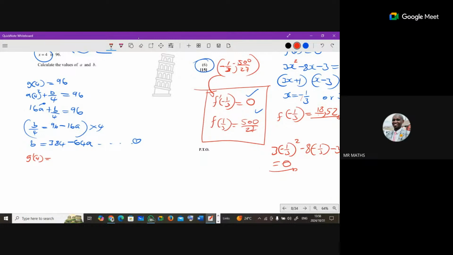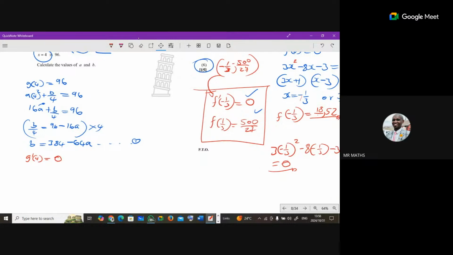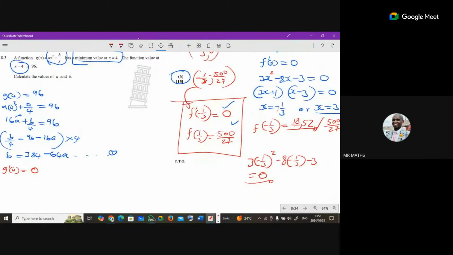Is equal to 0. Are we together? Yes, sir. Because when you substitute the same x value into the derivative at a turning point, it gives 0.